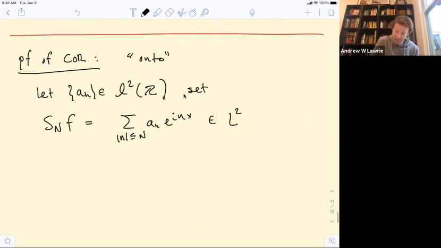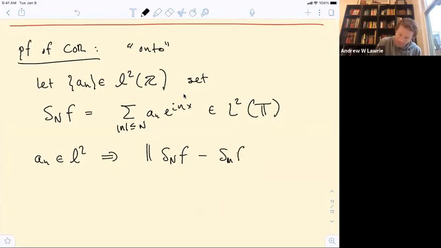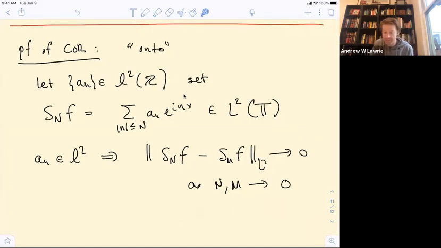Then a_n in little L2 implies that this sequence S_N is Cauchy as N goes to infinity, right? Because this is an orthonormal family, and in fact a basis.